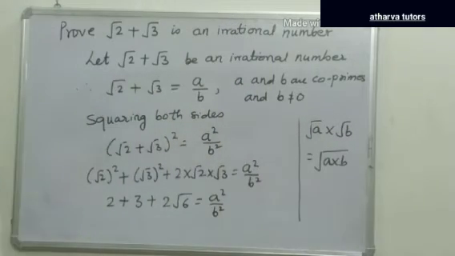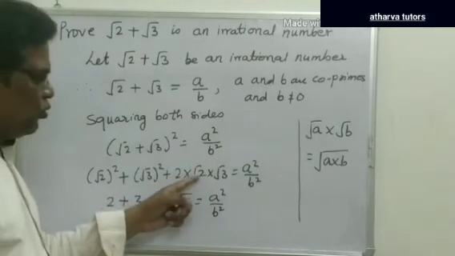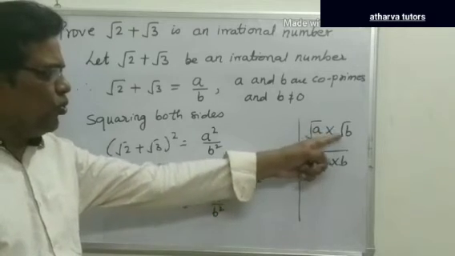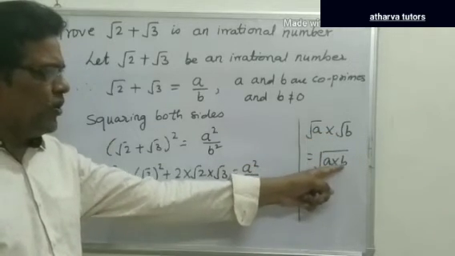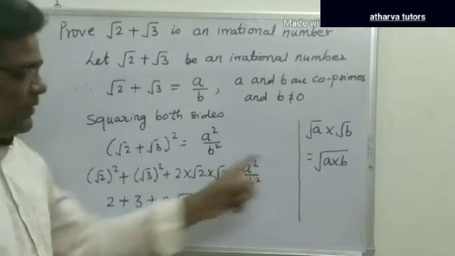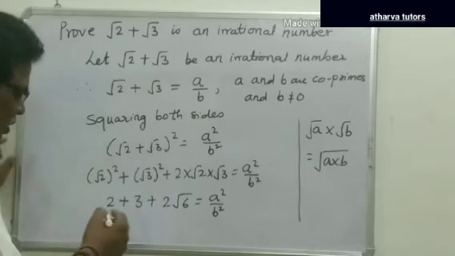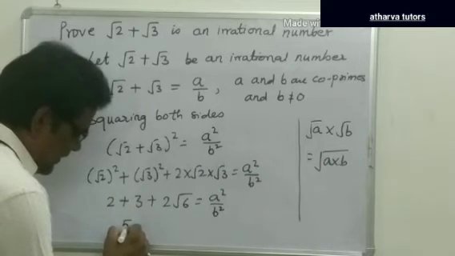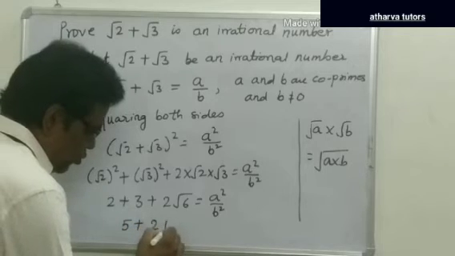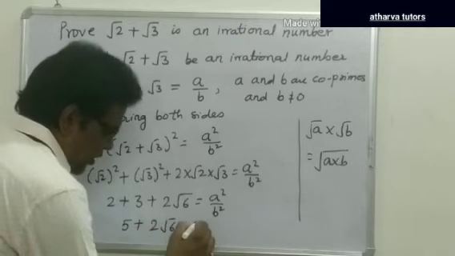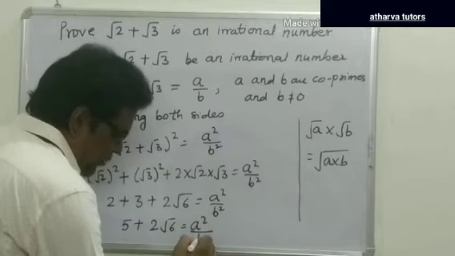The same, so root 2 into root 3 can be written as root of 2 into 3, and 2 threes are 6, so root 6. Now here you can write this as 5 plus 2 root 6 equals a square upon b square.